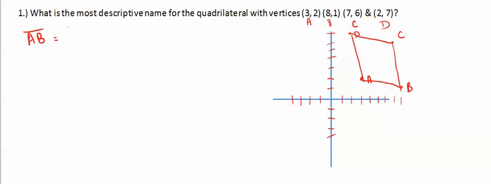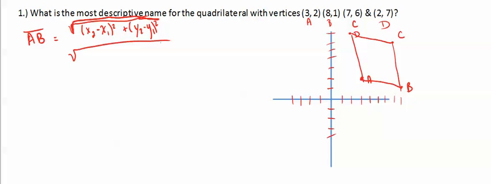If you remember the distance formula, it's the square root of the quantity x2 minus x1 squared plus the quantity y2 minus y1 squared, all under the square root. So for A to B, I'll get 8 minus 3 squared plus the quantity 1 minus 2 squared.